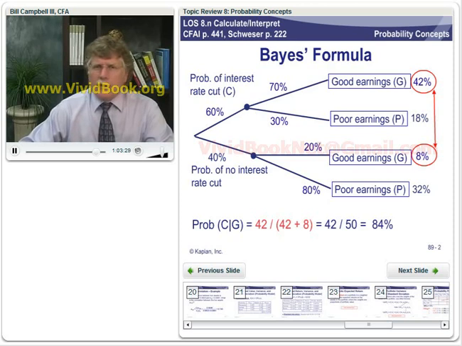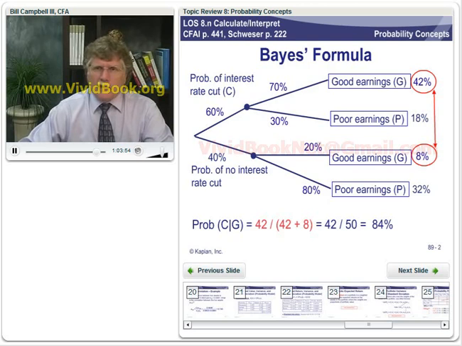What's the probability of good earnings? Let's see, good earnings given... No, I'm sorry, I'm reading this backwards. What's the probability that we had an interest rate cut given that we had good earnings?